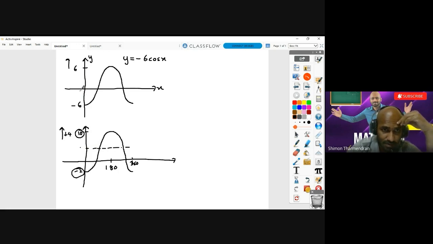Originally my halfway was 0, so this is going to be 4 over here. So exactly at 4 will be your 90, and the other part here will be 270, and this is the graph of 4 minus 6 cos x over here.